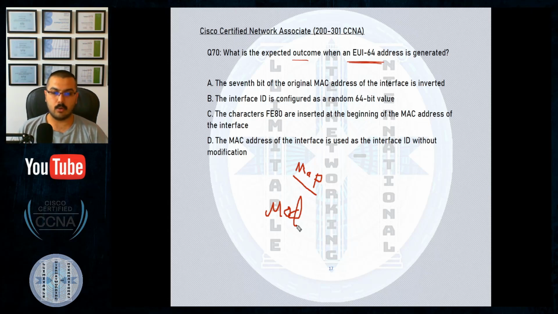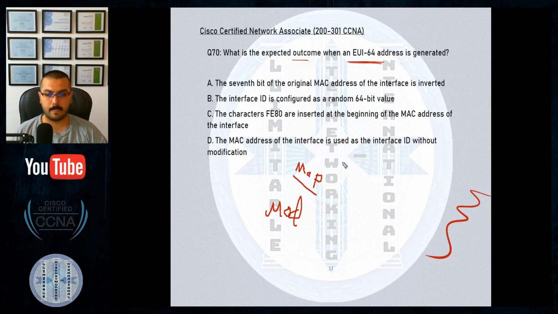The modified method says that just before you start generating an IPv6 address from a MAC, take that MAC and split it in half.